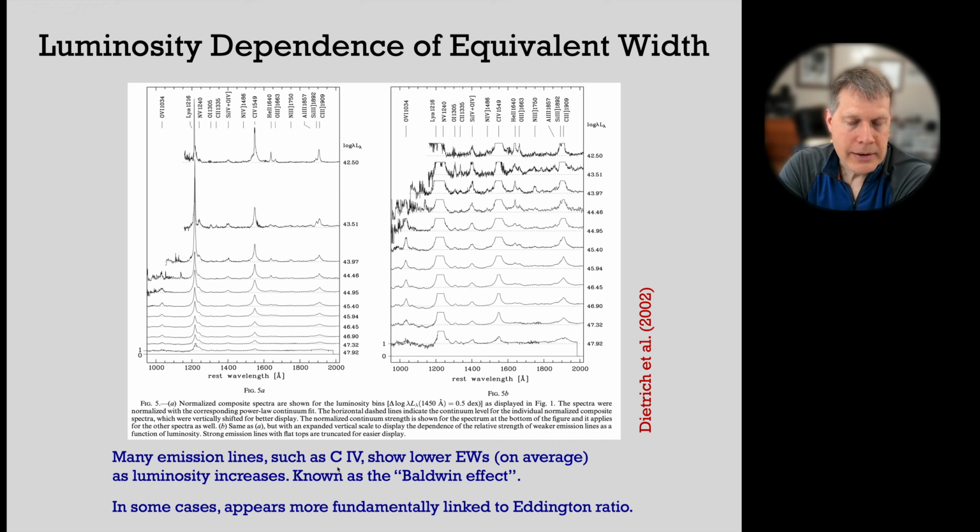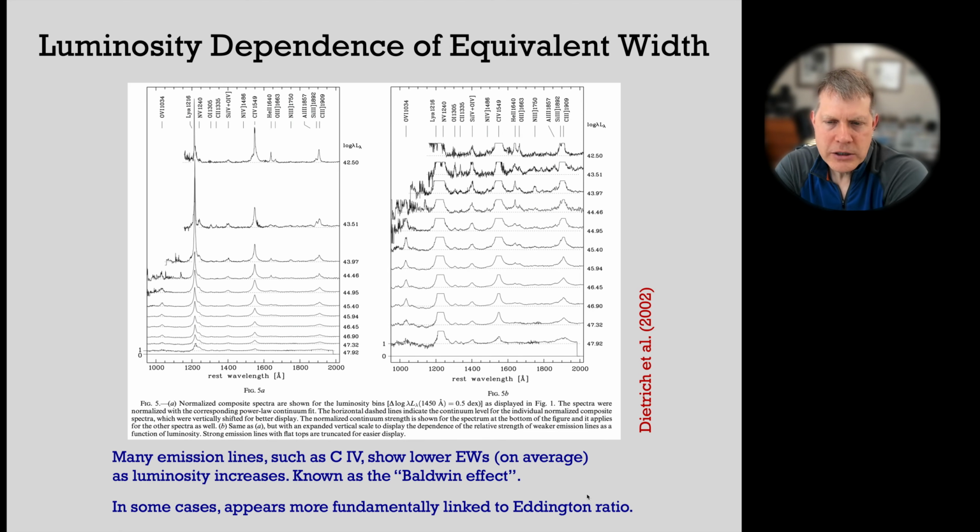Now, I will say that, in fact, different lines show a different rate of weakening in equivalent width as the luminosity goes up. This has all been extensively measured and quantified. There's interesting correlations and interrelations there, which you can read about if you're interested. I won't go through all the technical details, but broadly speaking, that is what's seen. And in fact, notably, in some cases, this so-called Baldwin effect behavior appears more fundamentally linked to the Eddington ratio than to the luminosity.